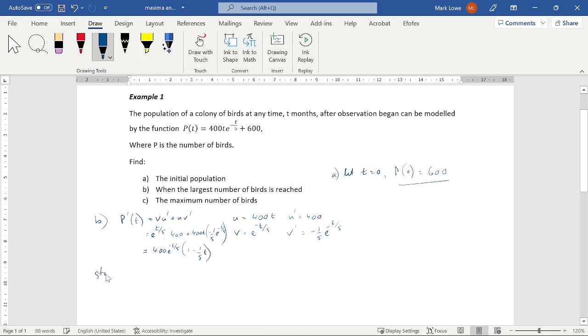Now, stationary points, because we want to find the maximum number, when the largest number of birds is reached. The maximum corresponds to a stationary point, and that'll be when P dash of t equals 0. So we've got 400 e to the negative t over 5 times 1 minus 1 over 5 t equals 0. And that's where it is useful to have it factorized like this, because we can just use our null factor law.